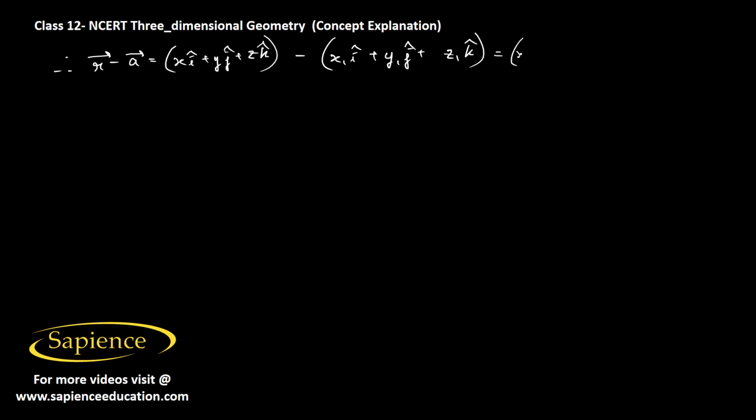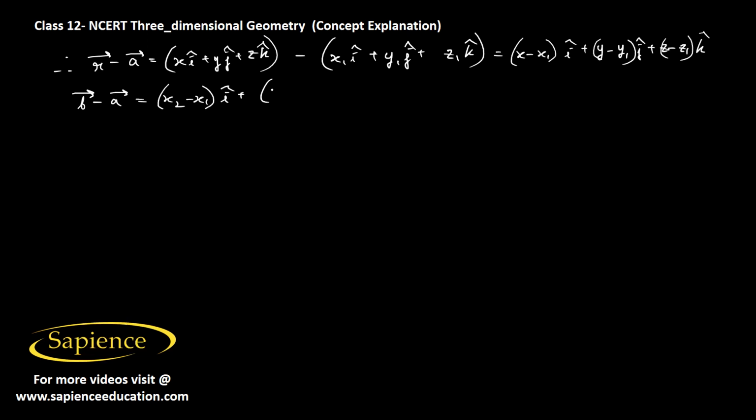So that would be obviously x minus x1 i cap plus y minus y1 j cap plus z minus z1 k cap. And B vector minus A vector would be obviously x2 minus x1 i cap plus y2 minus y1 j cap plus z2 minus z1 k cap.